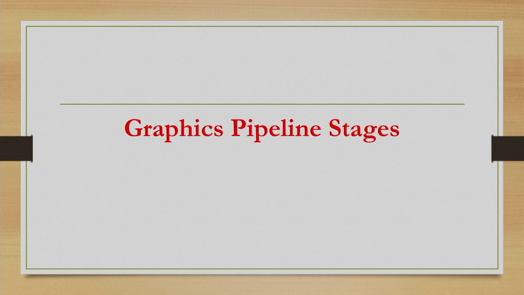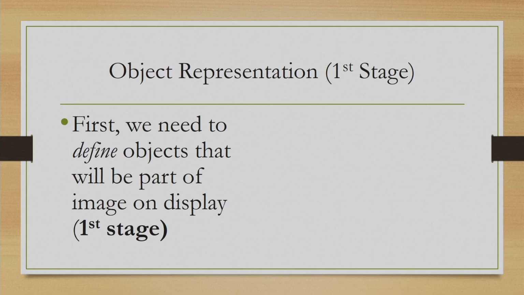But today we are going to introduce the pipeline for our benefit, so that we can understand the later discussion better. So, let us get some introductory idea on the pipeline and its stages. There are several stages, as I mentioned. The first stage is essentially defining the objects.